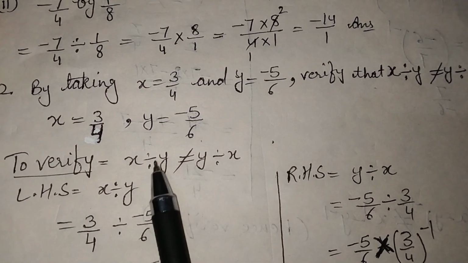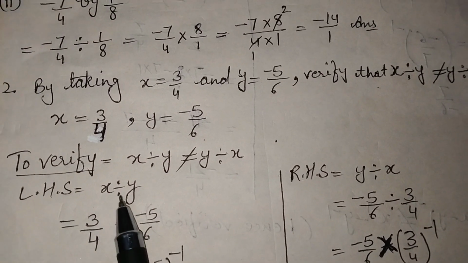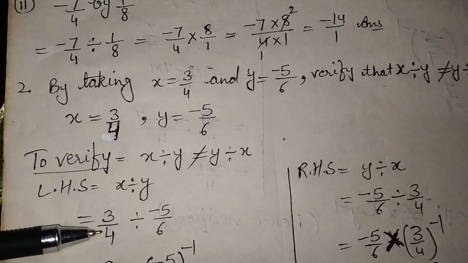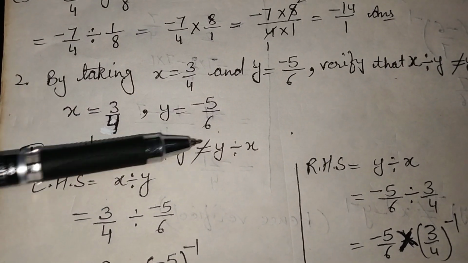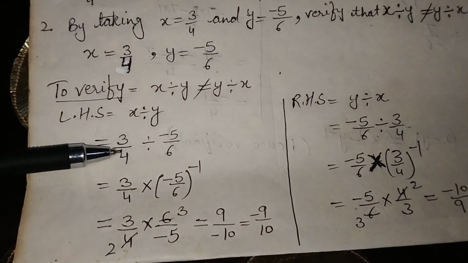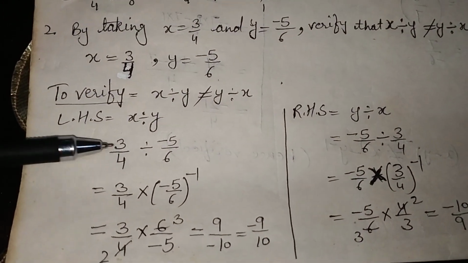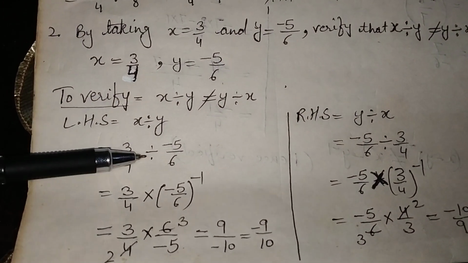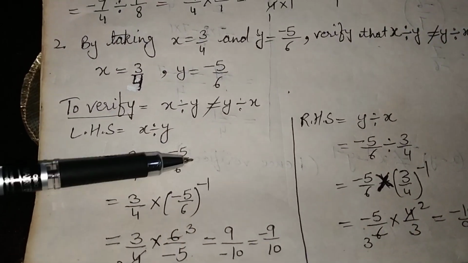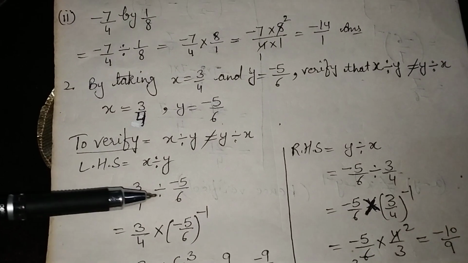Then firstly we will take LHS, x divided by y. In place of x, we will write the value of x. In place of y, we will write the value of y. Here the division sign, same as we did earlier. 3 upon 4 we will write as it is. In place of division, we will write the multiplication sign and the reciprocal of this.